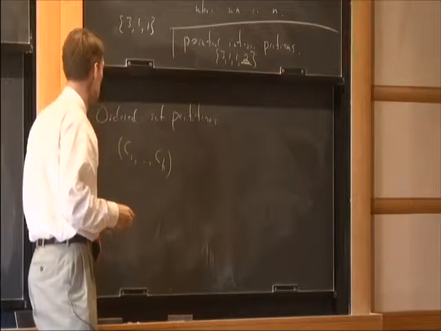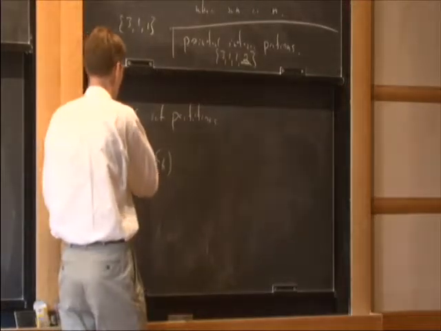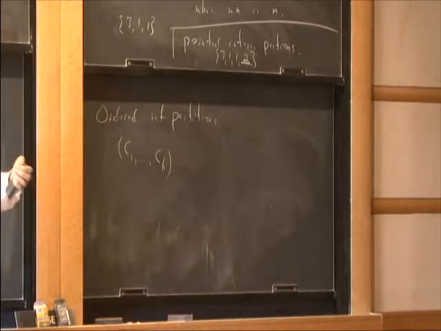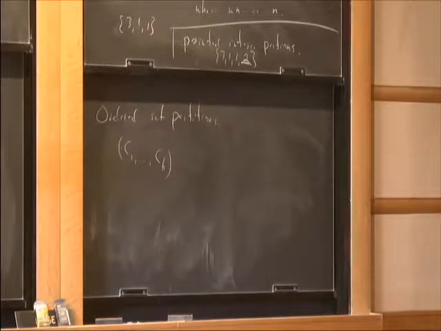And yet again, how do I go up? They form a poset. And what's the relation? Well, I'm always going to join two adjacent blocks to go up. So over here I have ordered set partitions.